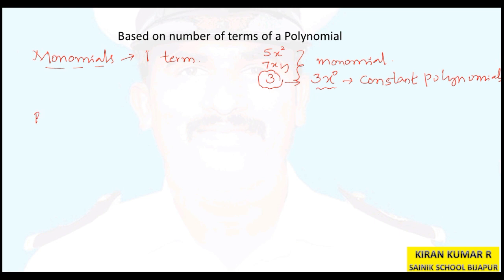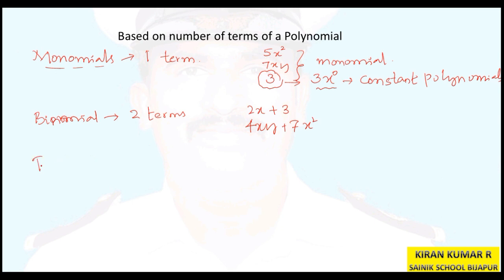If the polynomial has got two terms, it is called a binomial. Means it is having two terms. For example, 2x plus 3. One more example, 4x5 plus 7x square. With that, there will be two terms.